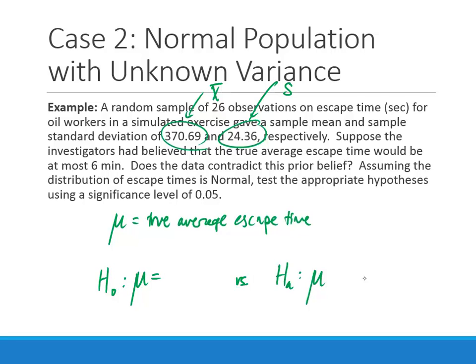So I want to see if the true mean is at most 6 minutes. Well, let's say 360 seconds. And then you can just put the same number, 360, in your null hypothesis.